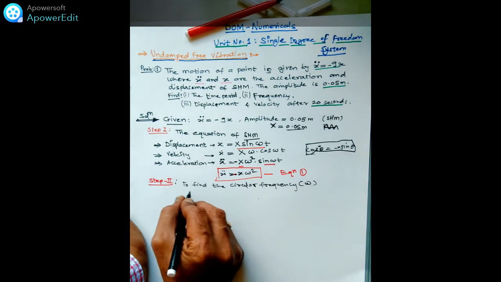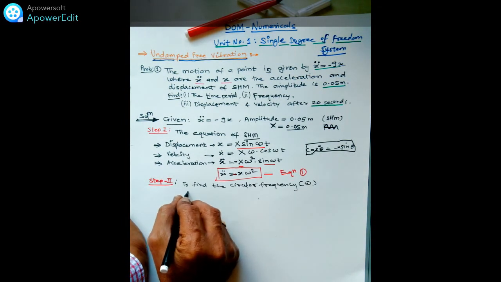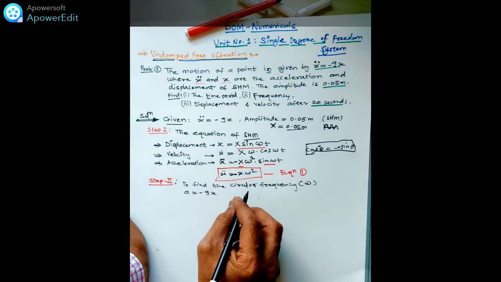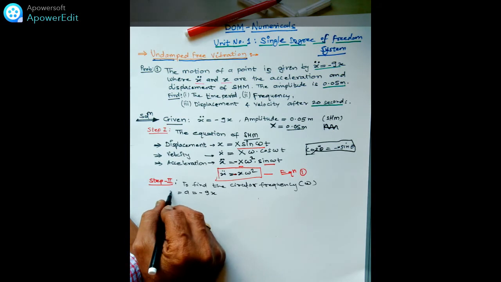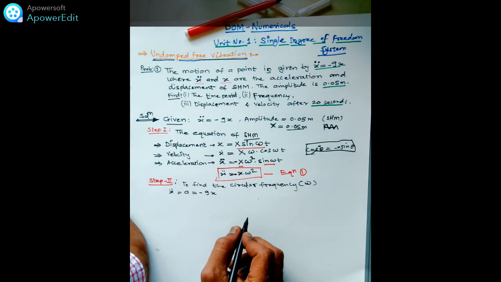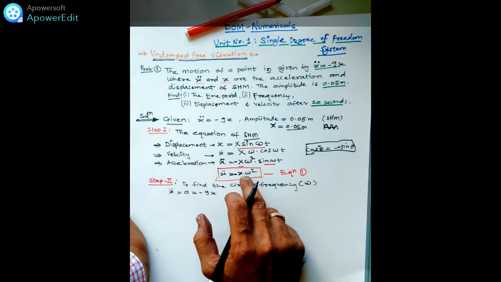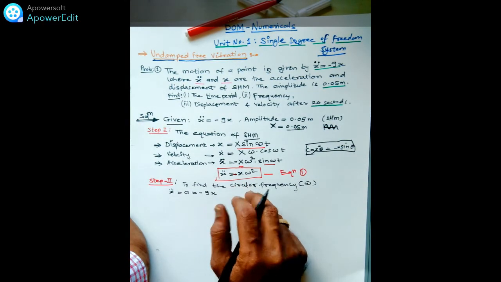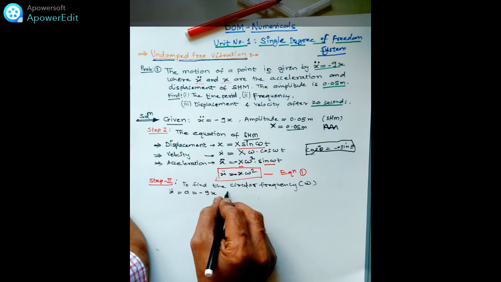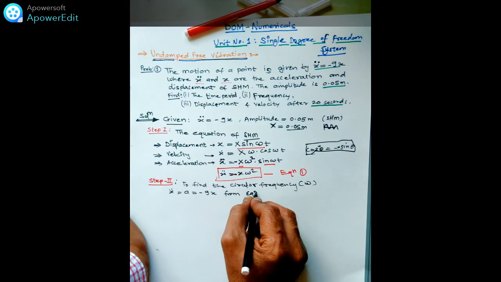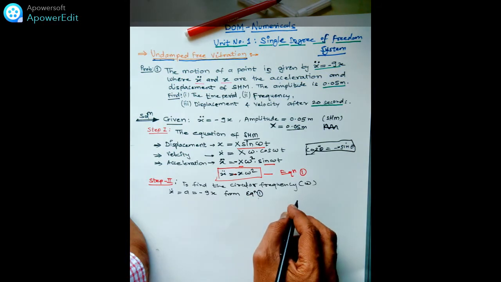What is given? The acceleration is given to you: A is equal to minus 9x, or x double dot is equal to minus 9x. Comparing this with equation 1, what can we write?